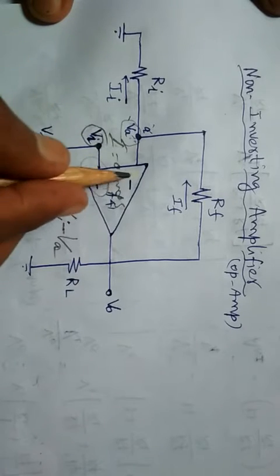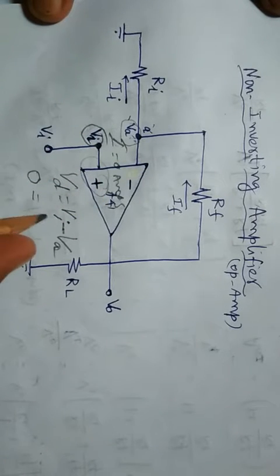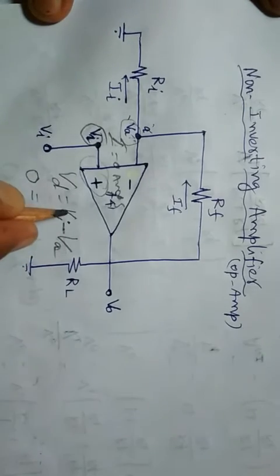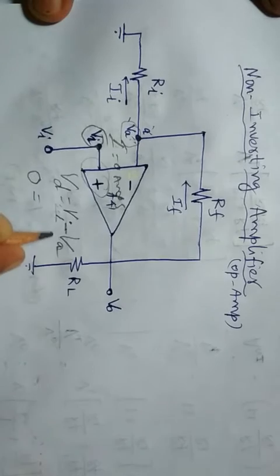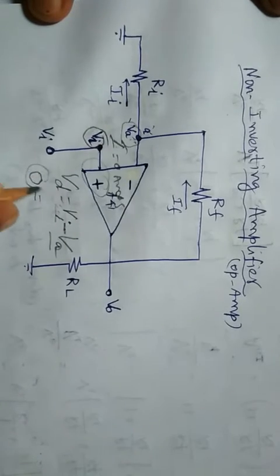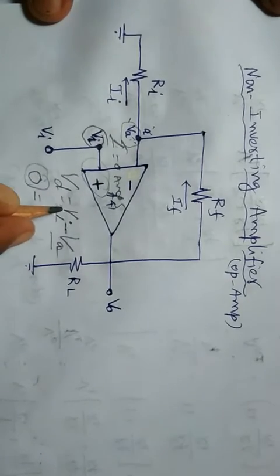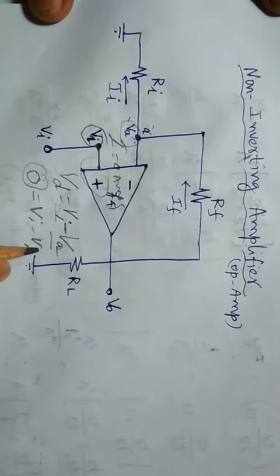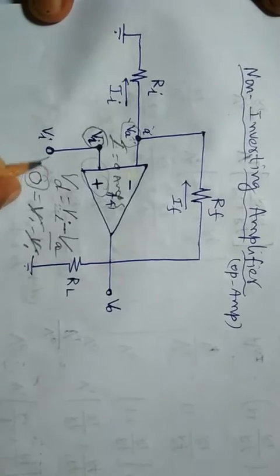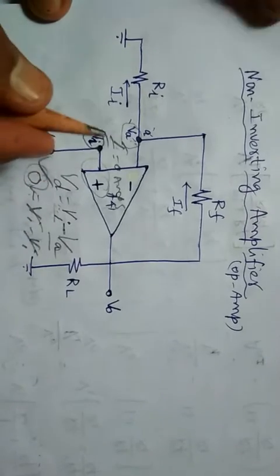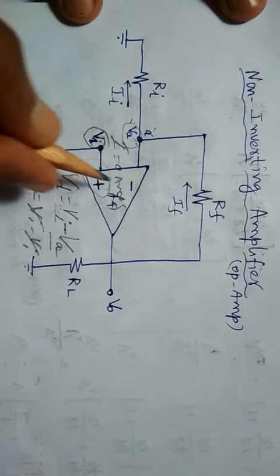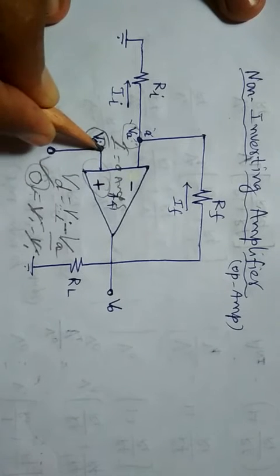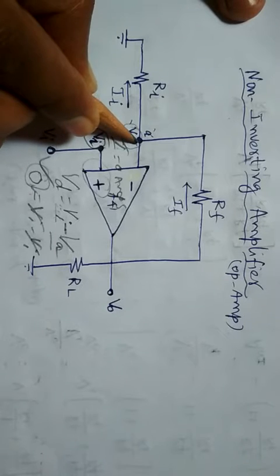This current is 0 amps because the op-amp's input side has very high input impedance. So Vi minus Va must be 0, meaning the values of Vi and Va must be equal. Then only will you have 0 on the other side. So Vi and Va both must be Vi. In this way, the potential in the plus arm is also available in the minus arm.